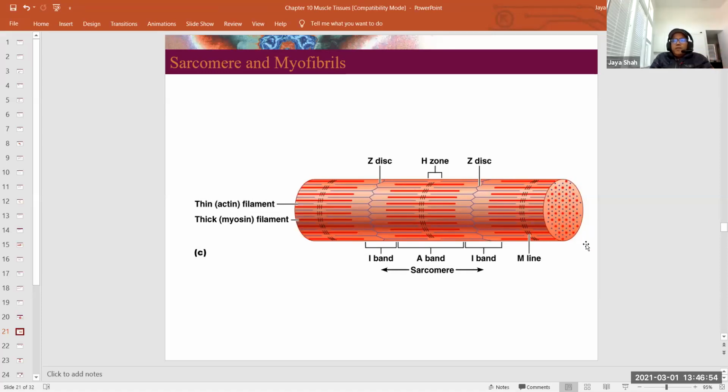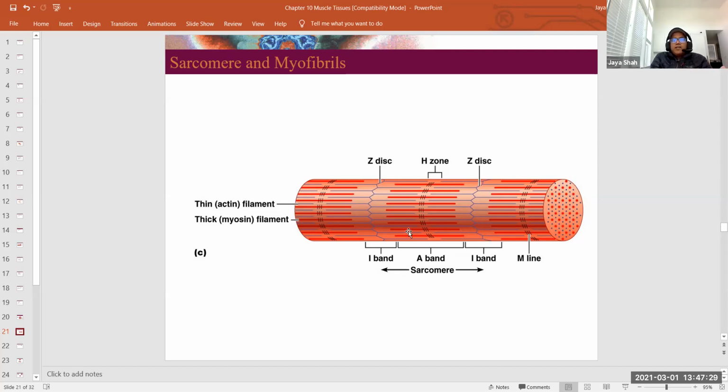This is one myofibril, and this is the 3D structure. You can see this is cut in the area of both actin and myosin. The big red dot is myosin, and the small blue dots are actin. You can see here the sarcomere, Z disc to Z disc, and then the I band and A band are all here.